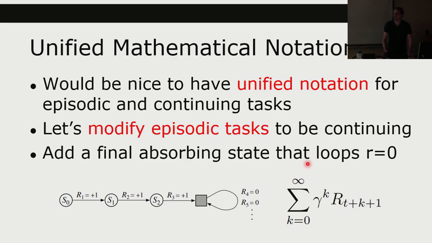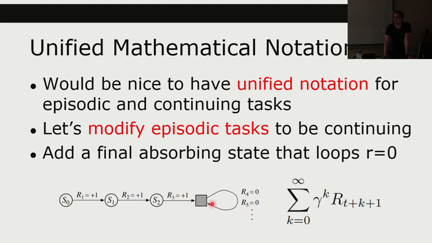If our task has 3 time steps in it, but we want to represent it using an infinite sum, like we were just looking at with discounting, then k equals 0 to infinity doesn't really work for an episodic task where we have a finite T. So in order to make this formula work for finite T's, we just pretend that at some point I reach a state where we just loop forever and get 0 reward.